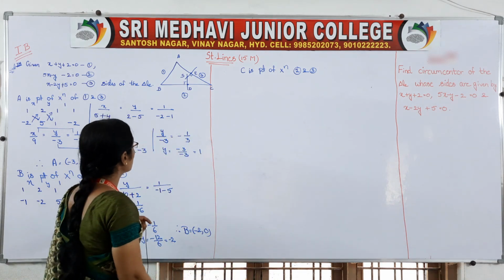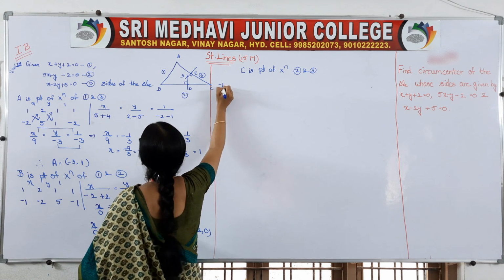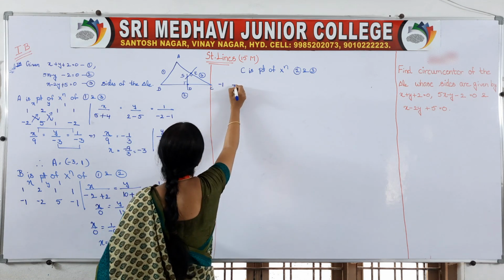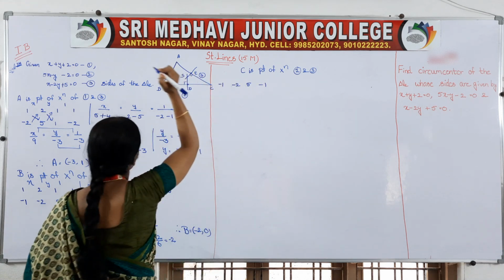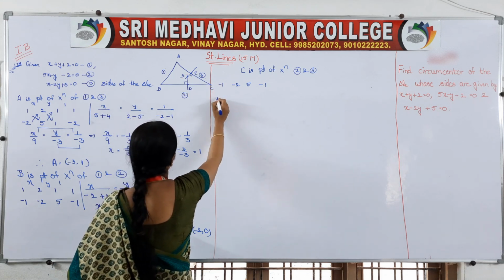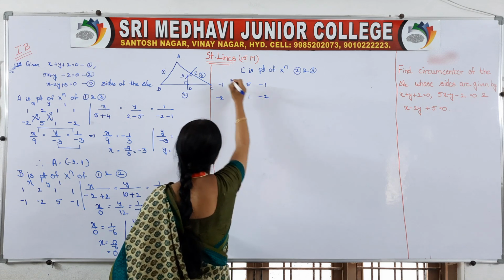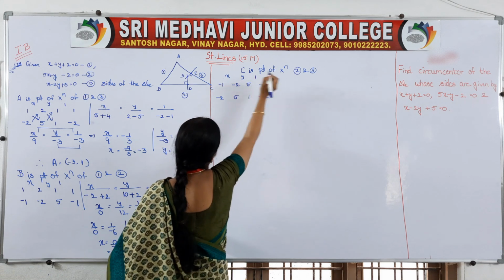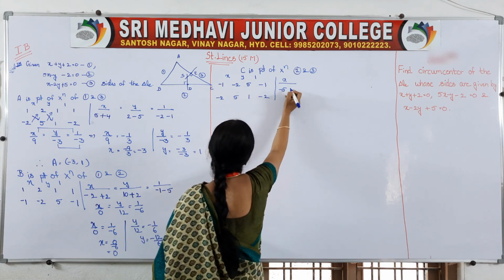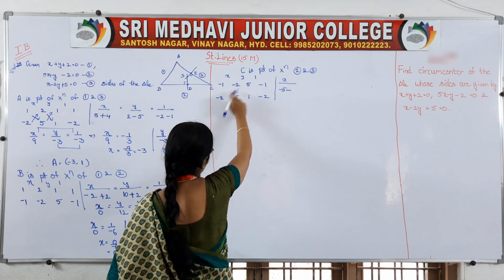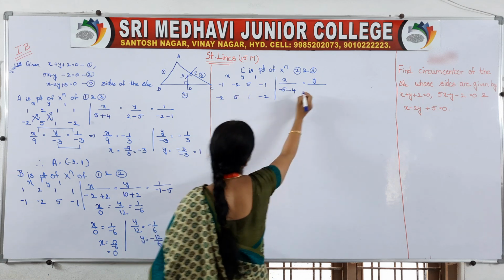Okay, so in equation 2, the y coefficient is minus 1, then the constant, then the x coefficient and y coefficient. Equation 3, same thing: y coefficient, constant, x coefficient, y coefficient. So x, y, 1. So x by minus 5 minus, minus into minus plus, is equal to y by minus 2.